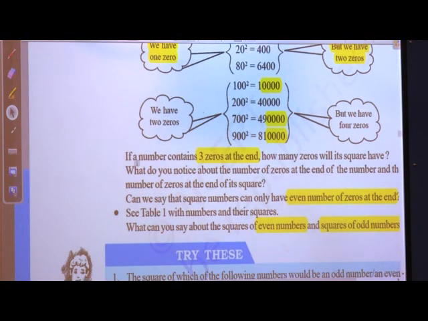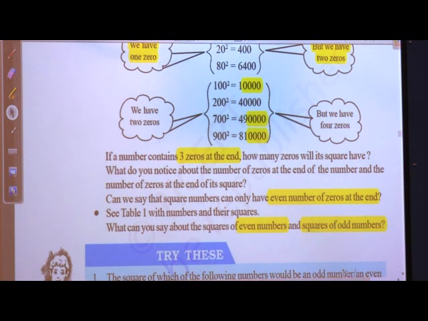Then what was asked to us? If a number contains 3 zeros at the end, how many zeros will its square have? We had got the answer that it will have 6 zeros in the square number.